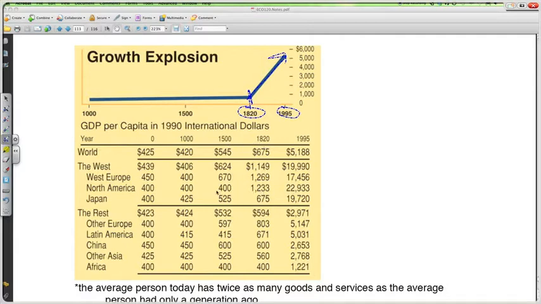This pretty much only triples. Whereas from 1820 to 1995, if we were just looking at North America here, it's over 20 times. So about 3 times from 1500 to 1820, and about 20 times from 1820 to 1995.